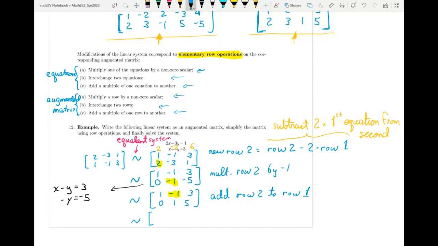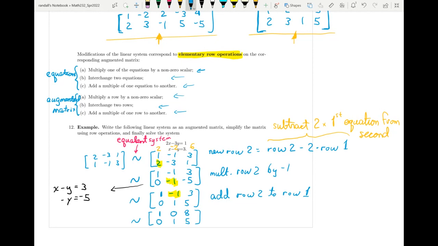When I do that, my second row is not changing, but my first one does change. Here, the second equation doesn't have an x in it, so it's not going to affect the coefficient of x in my first equation. But when I add the second equation to the first, I'm adding a y to the minus y in the first equation, so that gives me a 0. And the right-hand side of the first equation, I'm adding 5 to it, so I get 8.